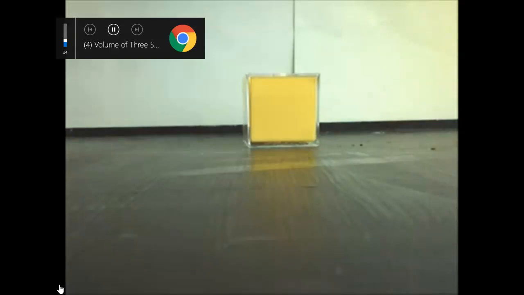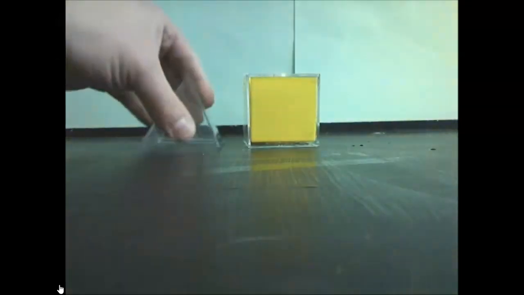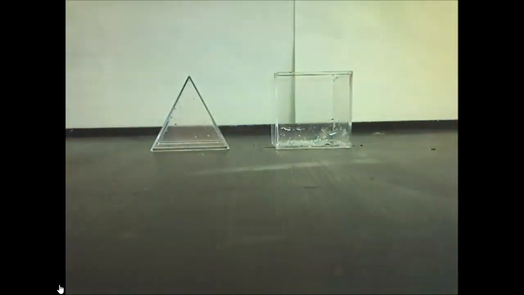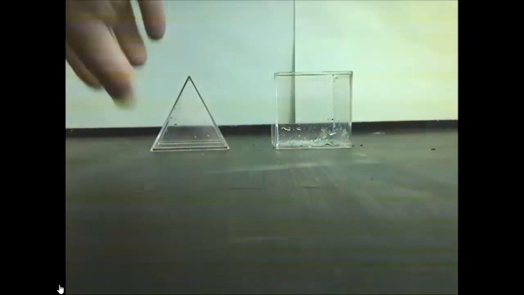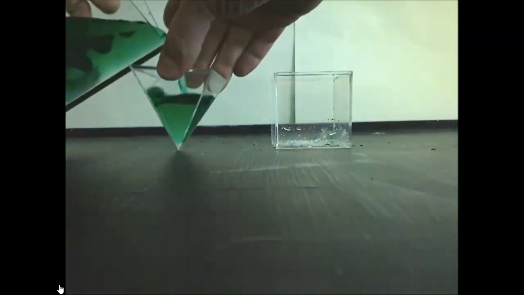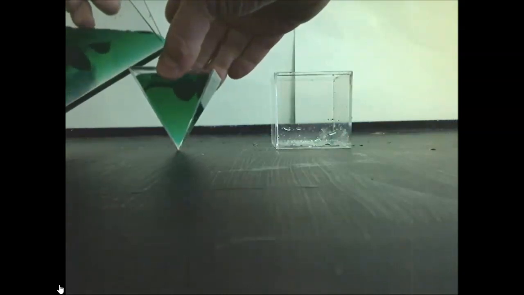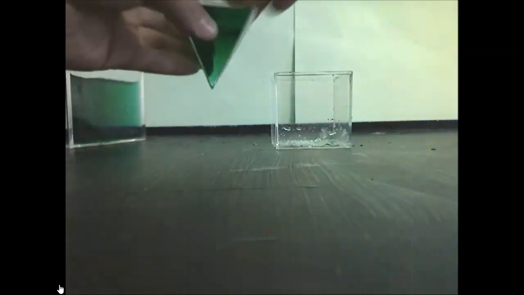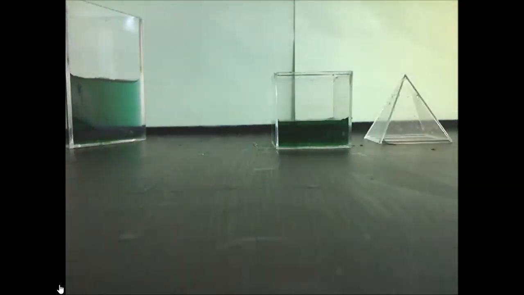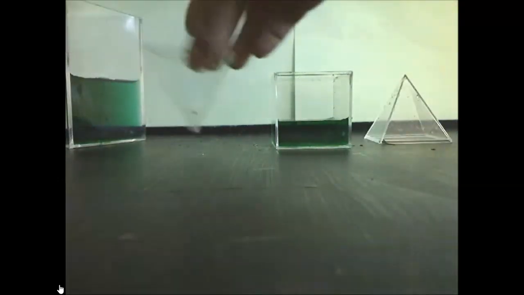Okay, so it's showing you a cube right there, and then it's showing you there's a cone. And keep watching. It's going to show you where the formula comes from. So you see a cone on the left, a pyramid on the left, and you see a rectangular prism on the right. They're filling up the cone with water, and they're going to dump it into the prism. Sorry, I keep on calling the cone pyramid.